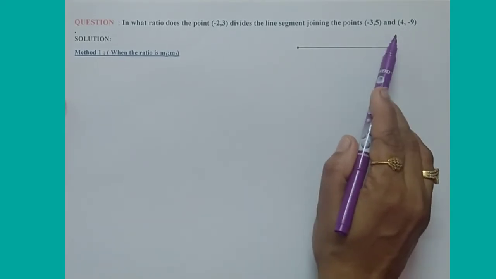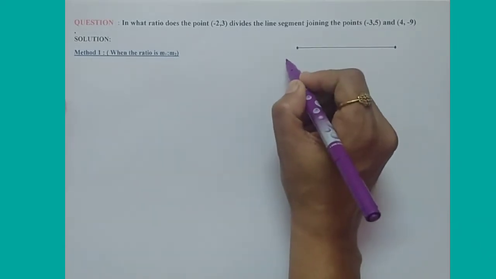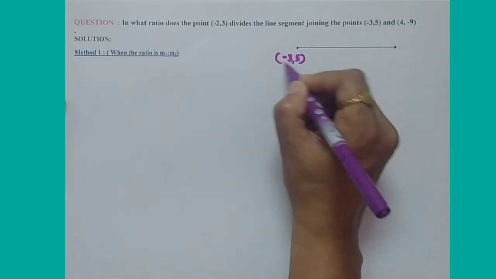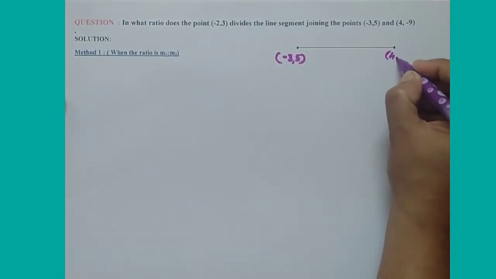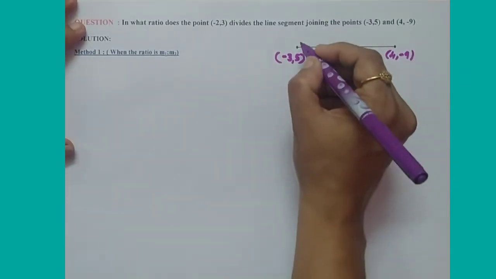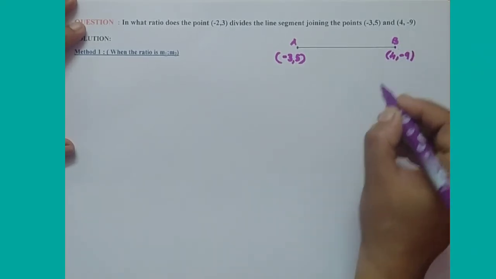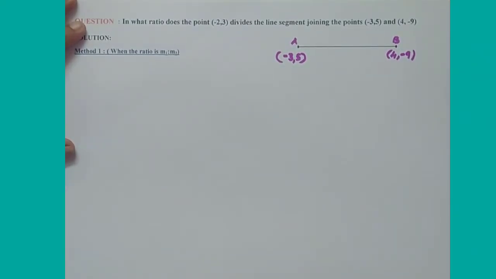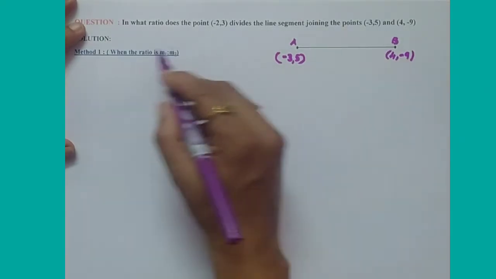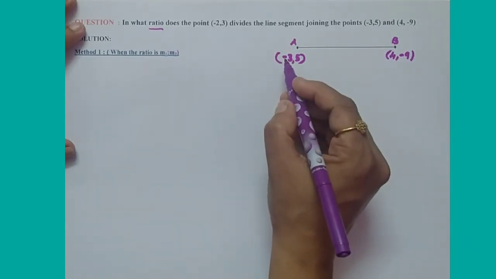So, the given points are (-3, 5) and (4, -9). Very important is that you need to take the given coordinates in that order itself as A and B. That means the first coordinate you need to take as A and the second as B itself. And we need to find the ratio.